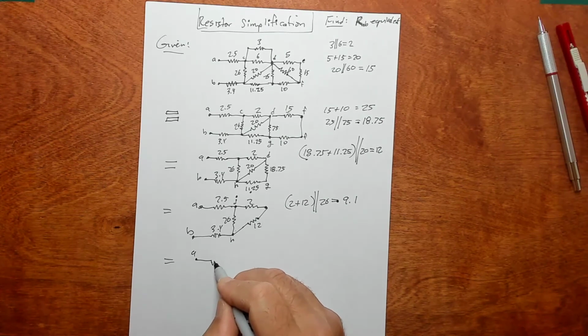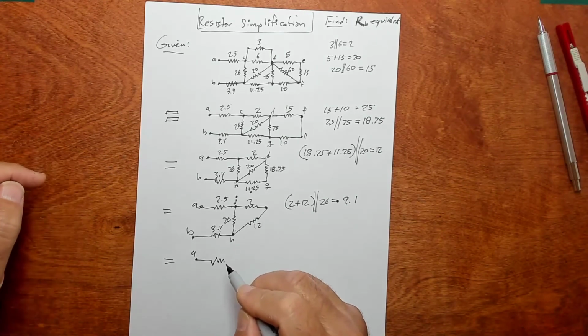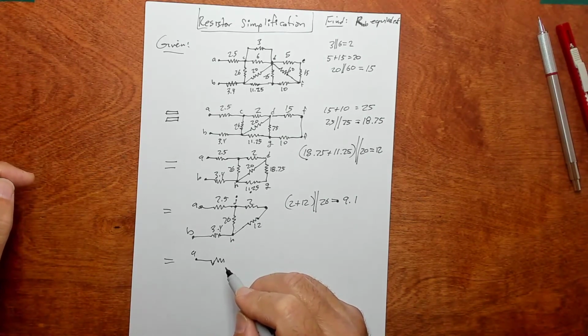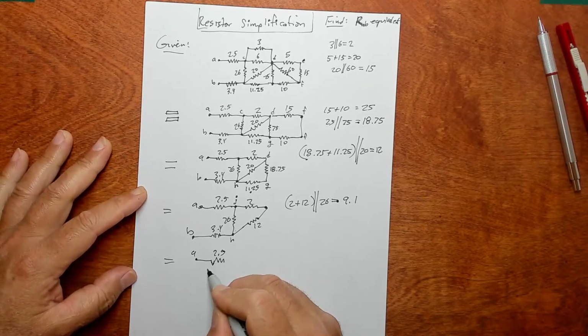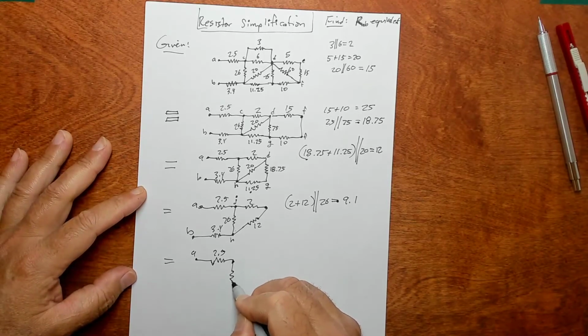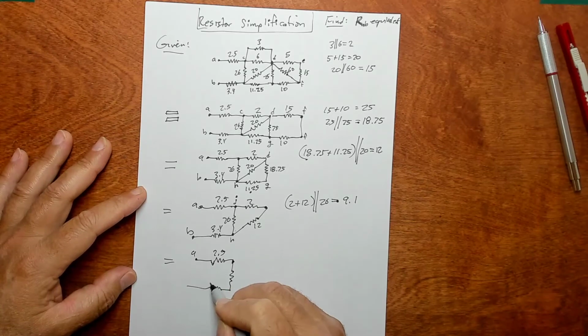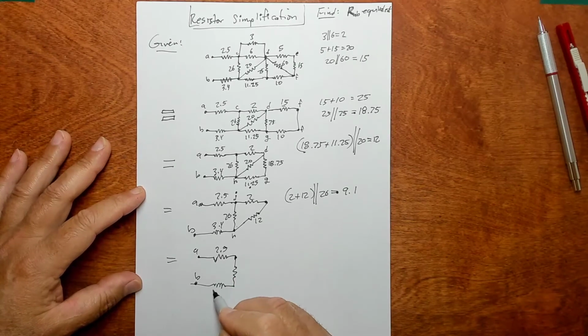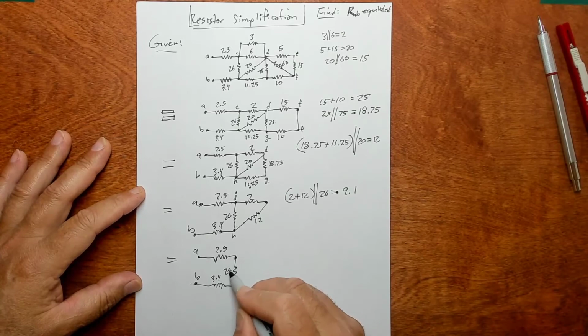So A, 2.5, B, this is 3.4 and 26. Oh no, this is 9.1 now. This is 9.1.